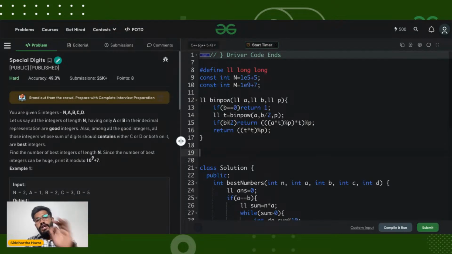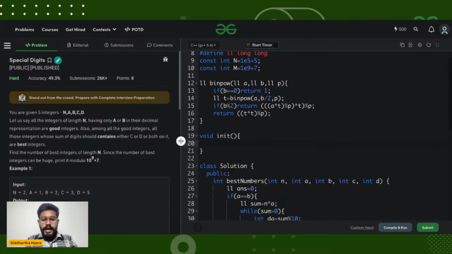Now for each value we would also require the inverse. So first we would find the factorial of each value in one array, and we would also find the inverse factorial of that value. So now we would say void init. And we would say factorial of this value.